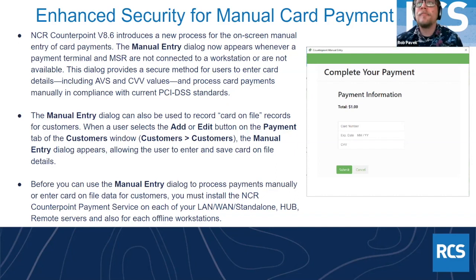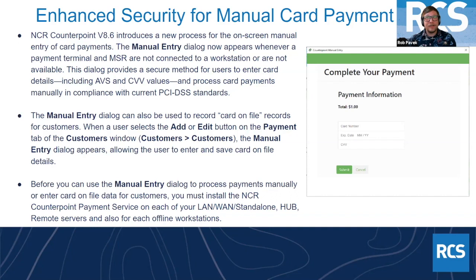The manual entry dialog can also be used to record card on-file records for customers. So when a user selects the Add or Edit button on the Payment tab of the customer's window, the manual entry dialog appears that you see on your right, allowing the user to enter and save all of the card on file details for that customer.